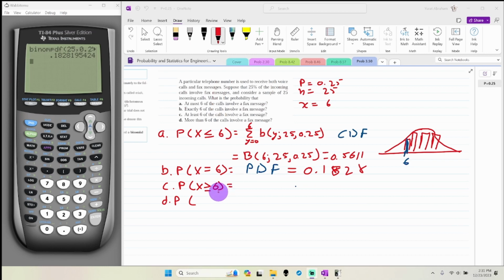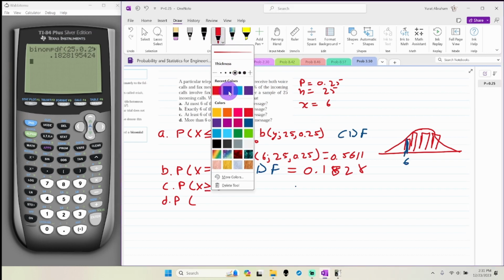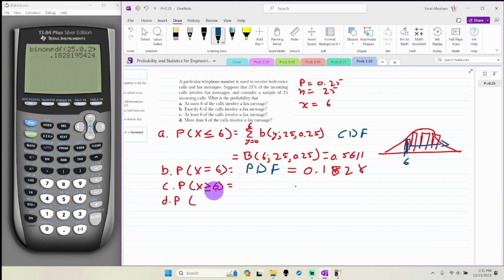We will have to rewrite this. There's the symbol, as you guys can see. X is greater or equal to 6. That means they're involving 6 or higher, including 6. So to make that happen, we're going to be using CDF.